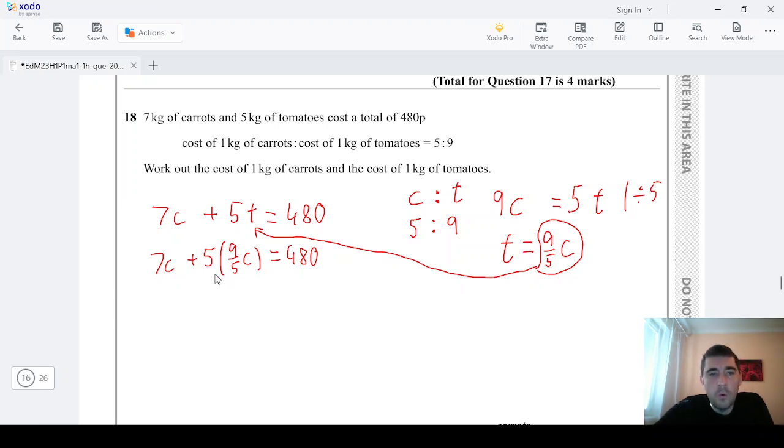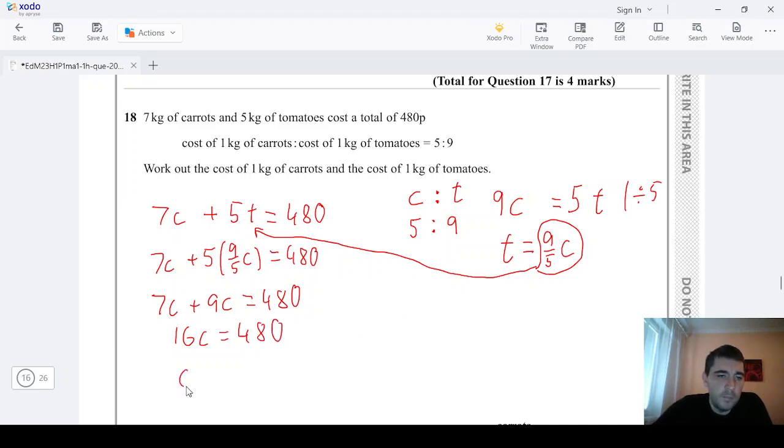We've got one equation with one variable, so 7c plus, so 5 and 5, they cancel each other out and leaves 9c equals 480. Add 7 and 9 together, so we get 16c equals 480. From there, c equals 480 divided by 16.